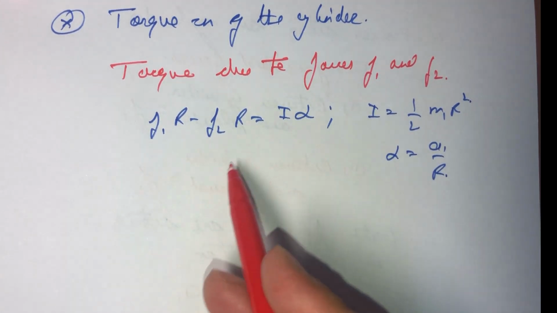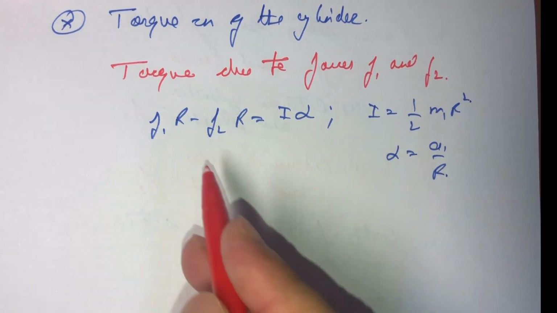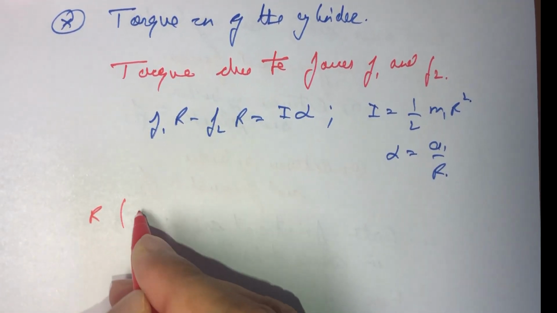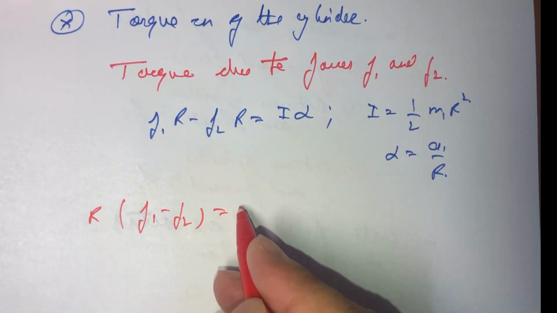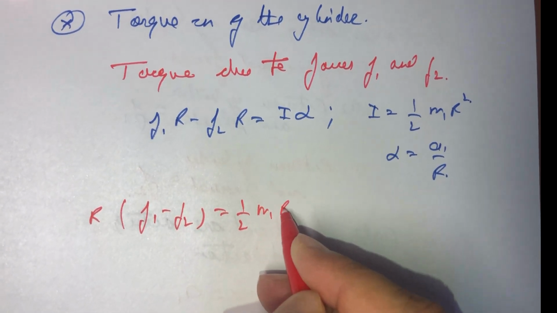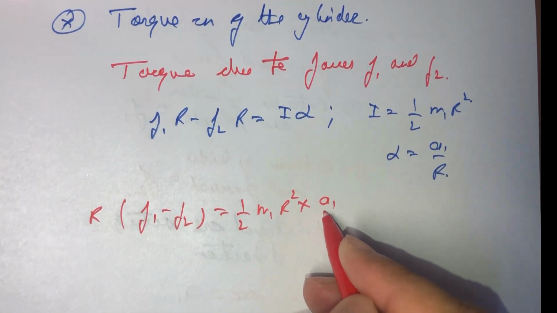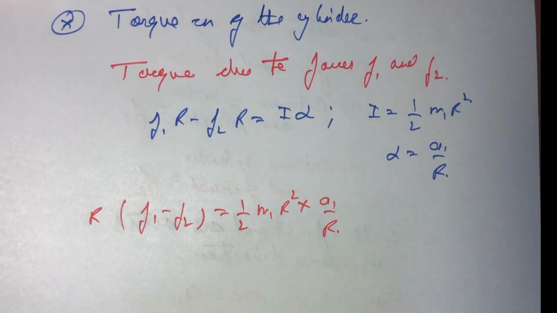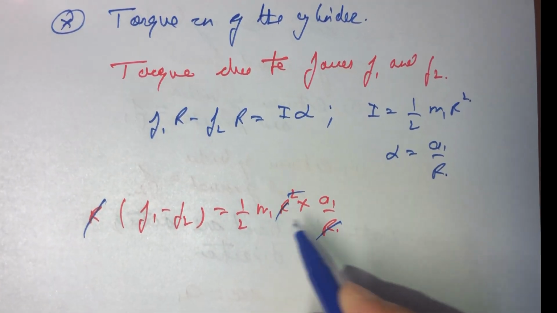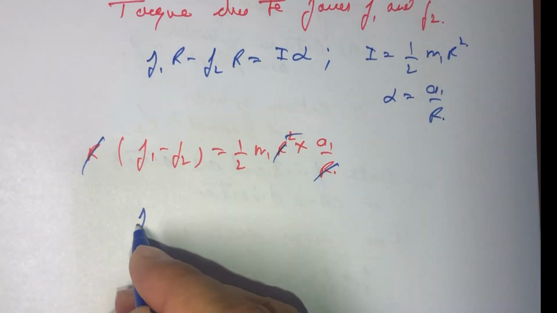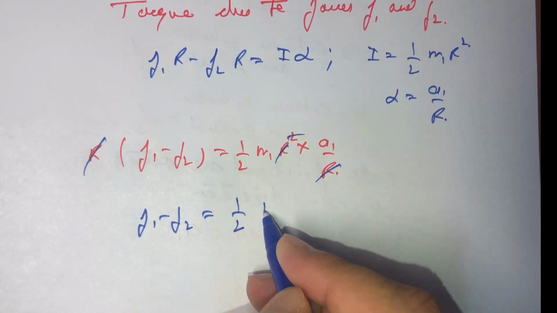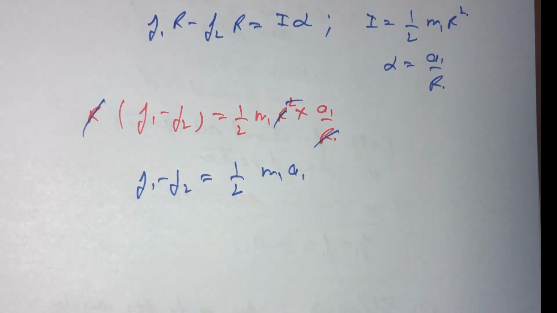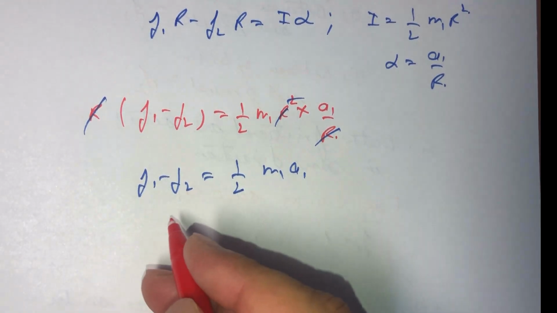So taking r as common on the left side, we get r into (F1 minus F2) is equal to, substituting the value of I, that is half m1 r square, and we get a1 into r. This r square and this cancel out, so we get F1 minus F2 is equal to half m1 a1, and we have already derived an equation that says F1 plus F2 is equal to m1 a1.